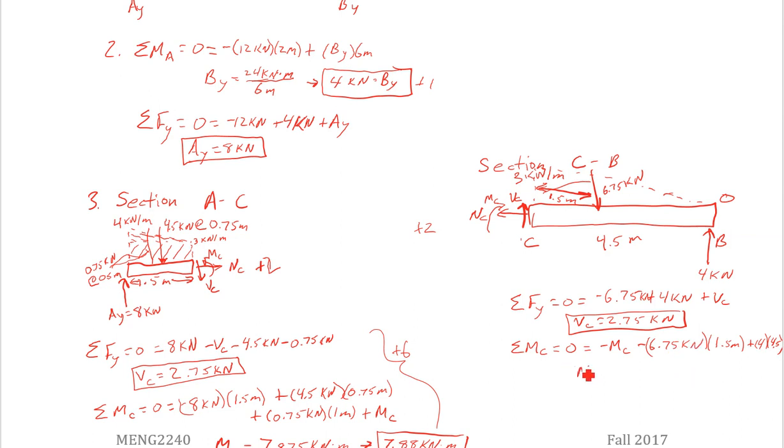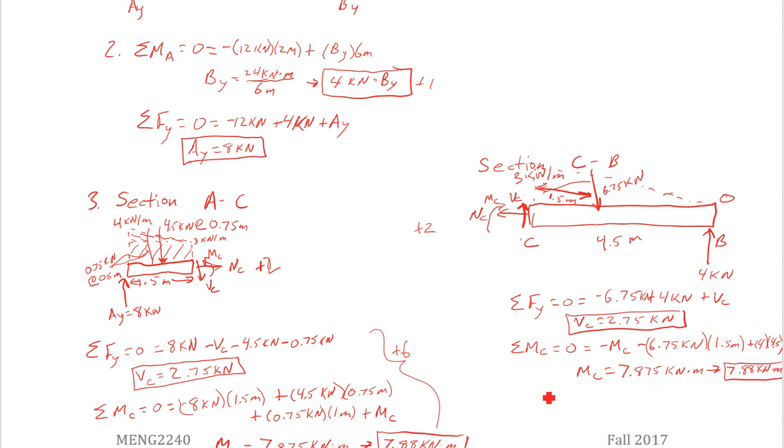So MC equals 7.875 kilonewton meters, which to 3 figures is 7.88 kilonewton meters.